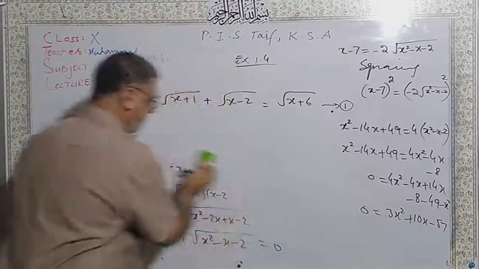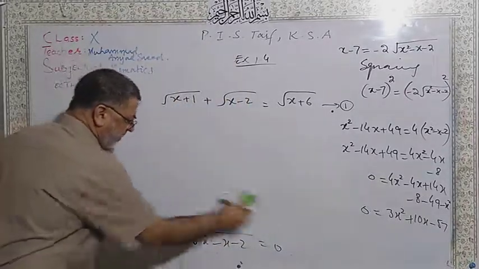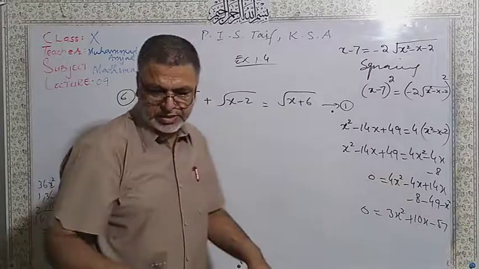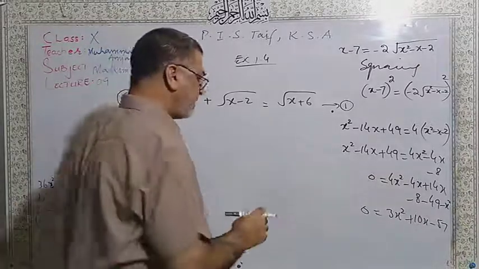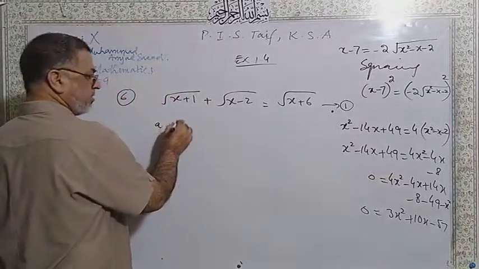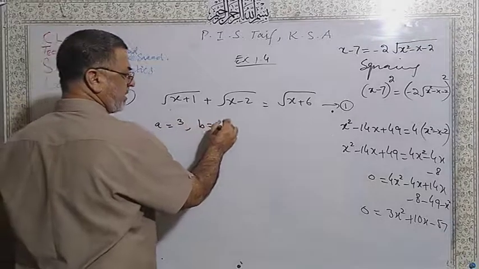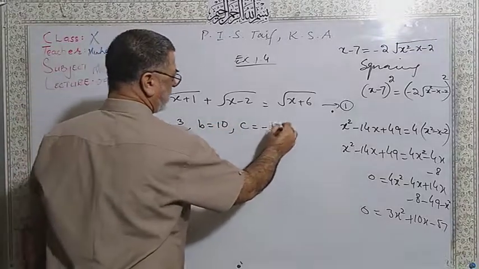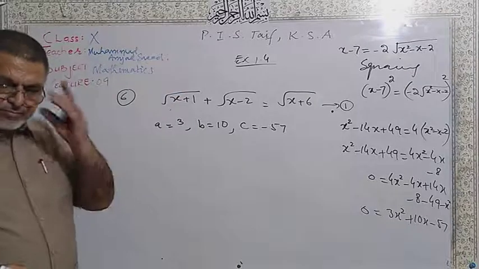Here we will use the quadratic formula to solve this equation. We can take a is equal to 3, b is equal to 10, c is equal to minus 57.